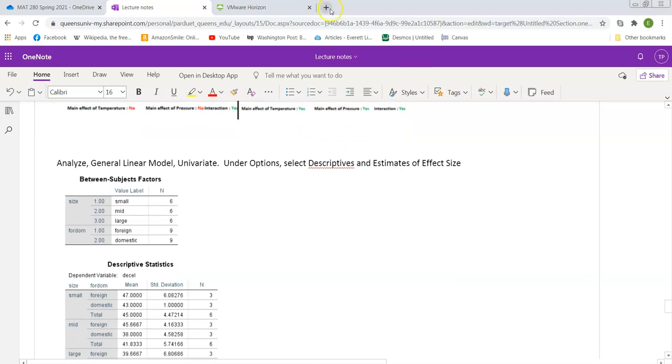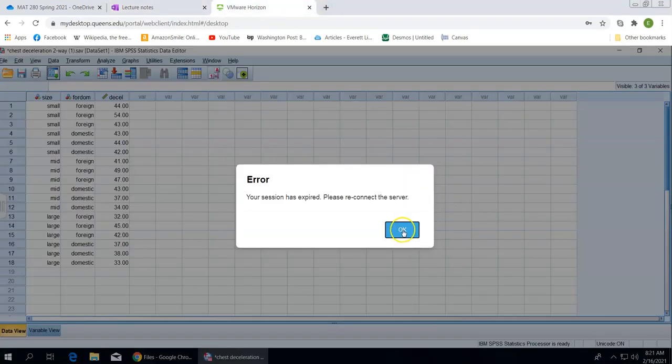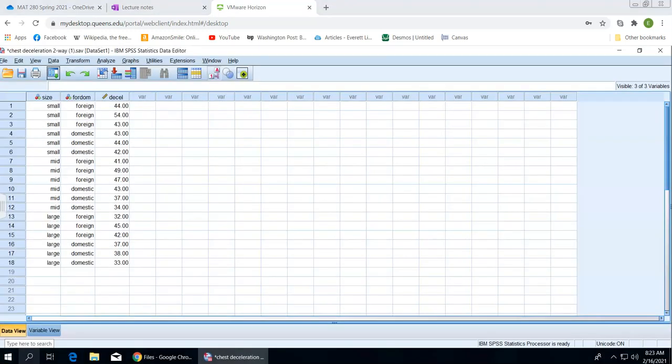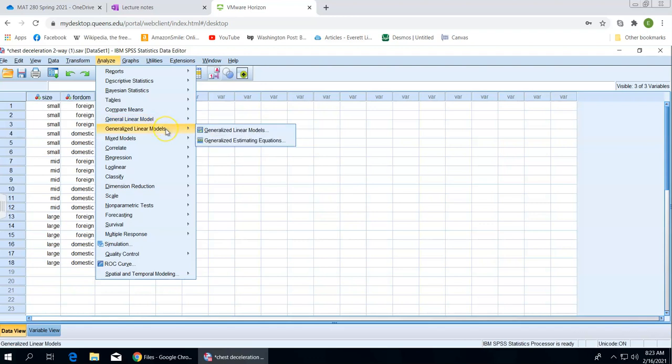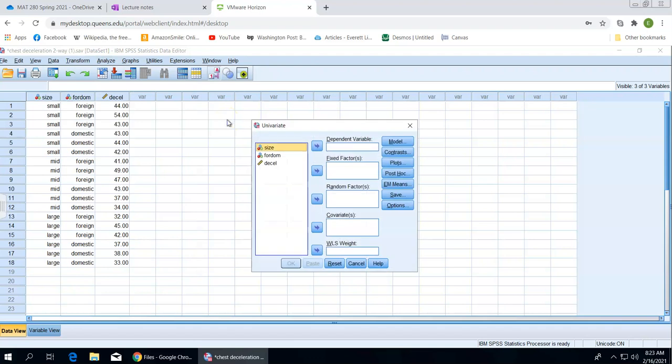So if we want to run our hypothesis test, we're looking over here at our data set, and to run our two-way ANOVA, we're going to analyze general linear model. I'll point out that there's generalized linear models as well, but that's not what we want. We want general linear model, and we'll pick univariate. Univariate means that there's just one dependent variable.